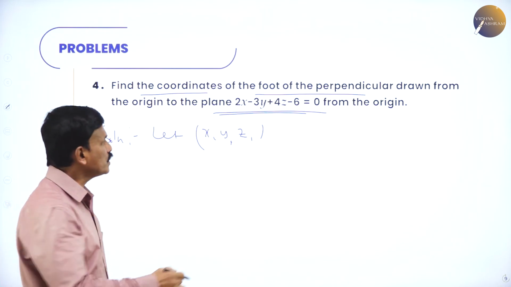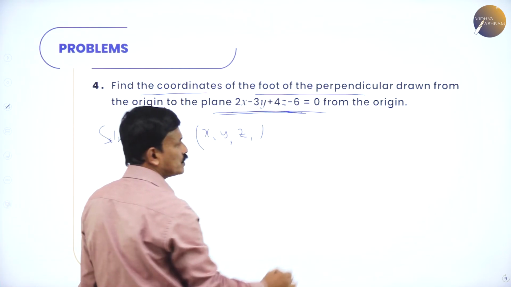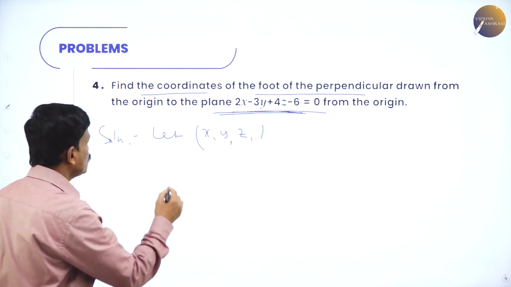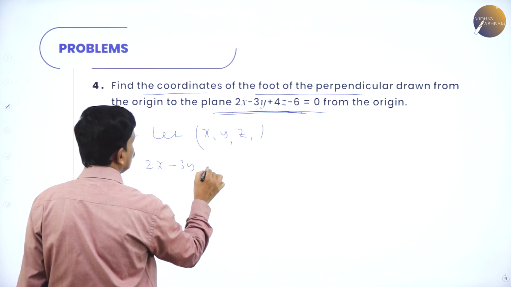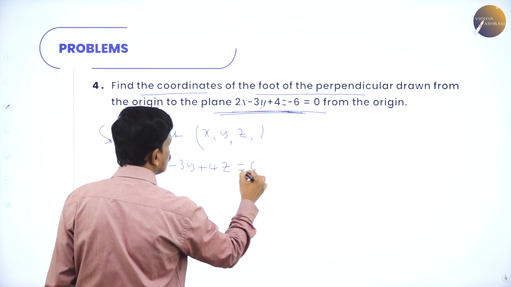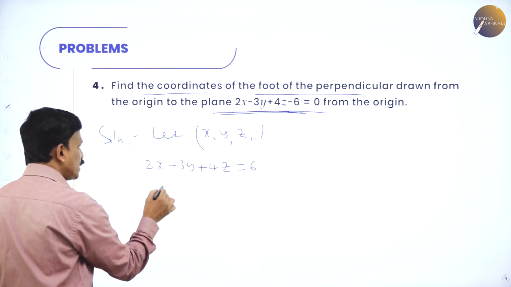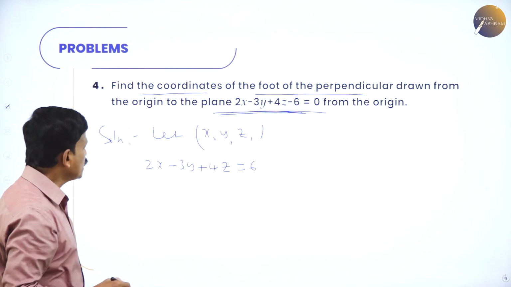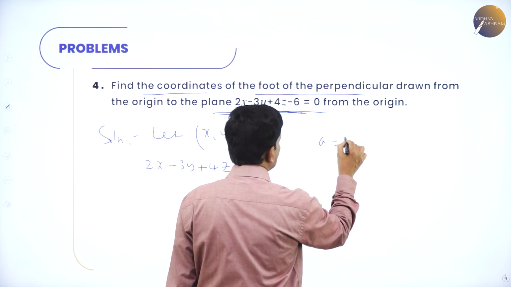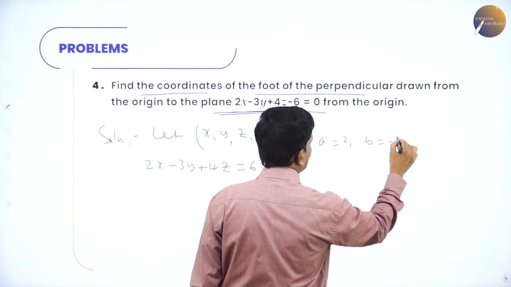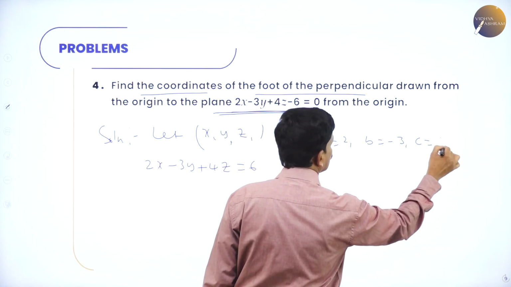Now first find out the direction cosines for this line. The given equation is 2x minus 3y plus 4z is equal to 6. Here the direction ratios are 2, minus 3 and 4. Here a is equal to 2, b is equal to minus 3 and c is equal to 4.